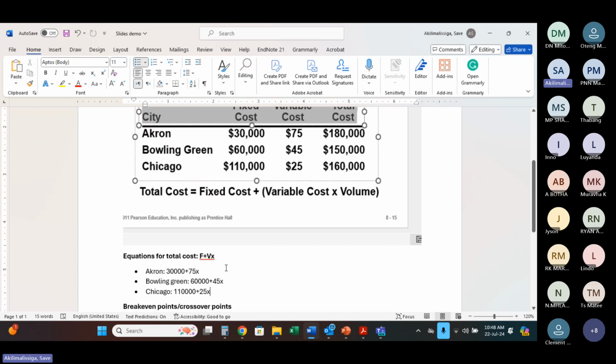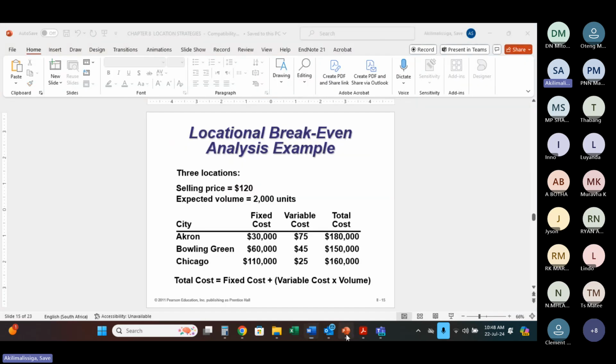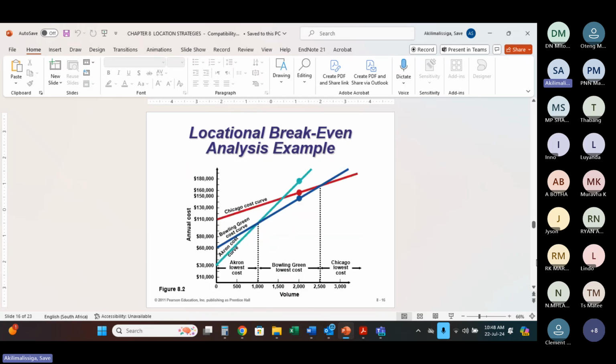Now we need to move on to a stage where we check the point where each equation will meet with another equation. That's what you call the crossover point. If you come back to this graph here, you will see that Bowling Green and Akron have their crossover point right here.